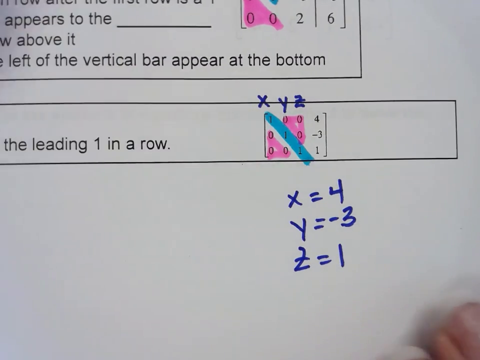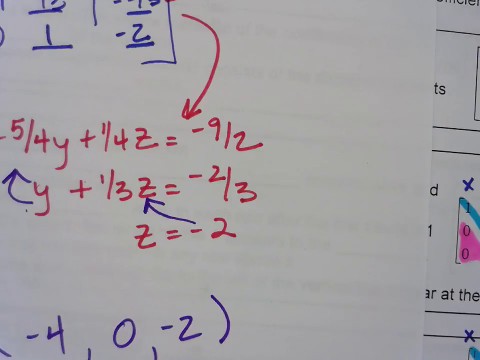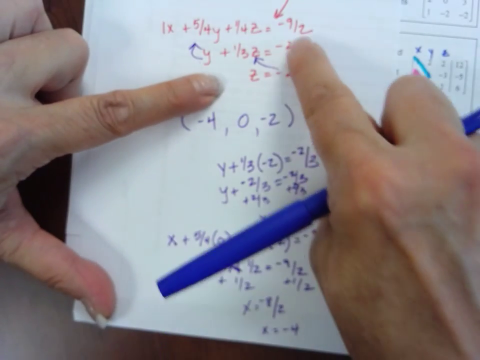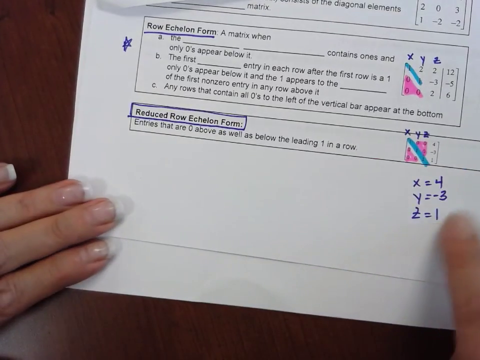Whereas on just the row echelon, you have to go through solving back up to find your y and your x. On reduced row echelon, you don't have to. It does it all so that that's just your answer.